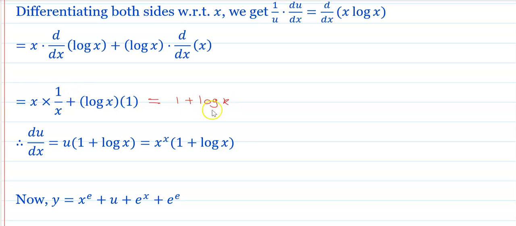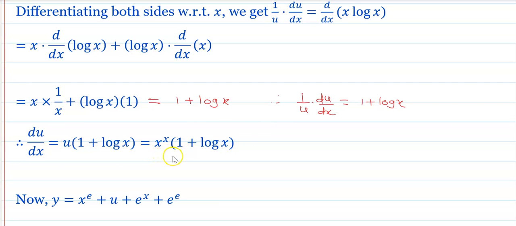And therefore 1 upon u into du by dx is equals to 1 plus log x, and therefore du by dx is equals to u times 1 plus log x.